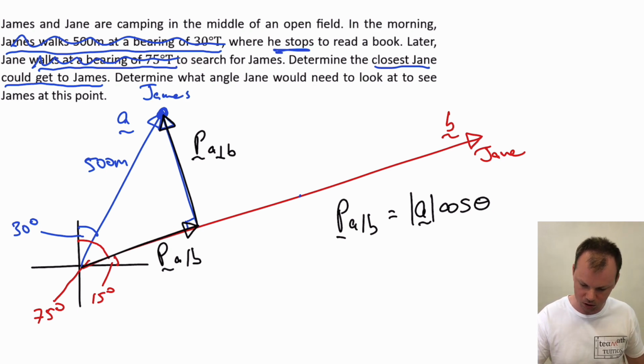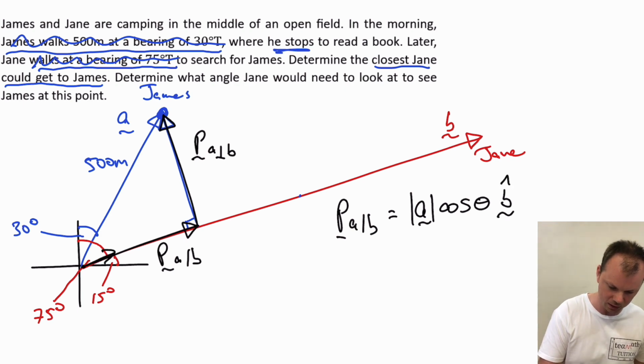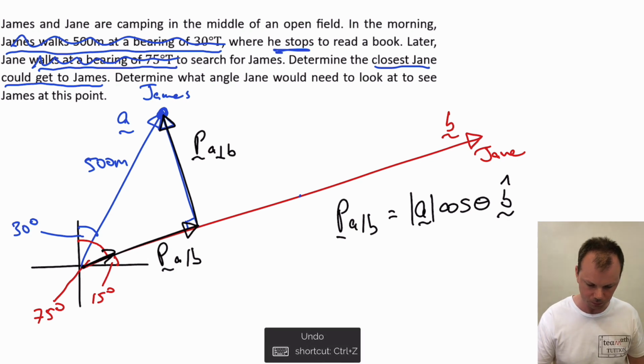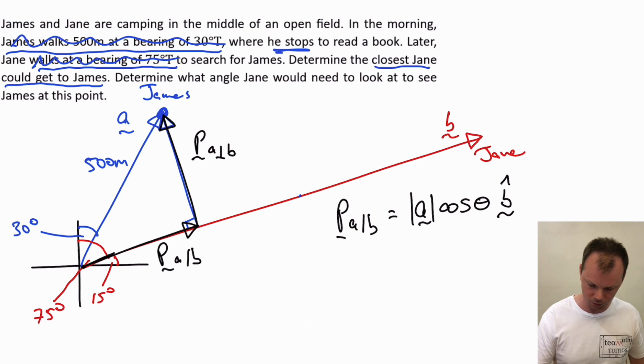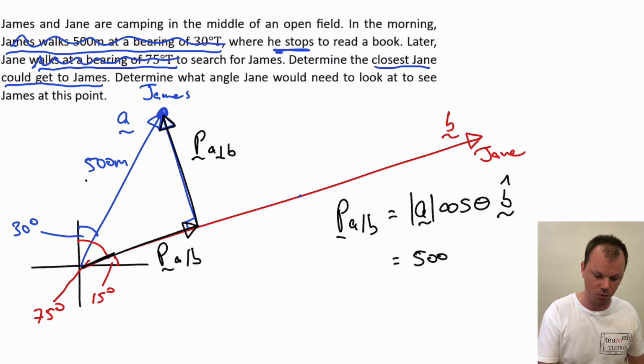And then we are multiplying that by our B unit vector. So we're getting a B unit vector down here, and we're scaling it up by that length. So we've already got the magnitude of A, which is entirely why I chose this formula, because this is what we've been given.